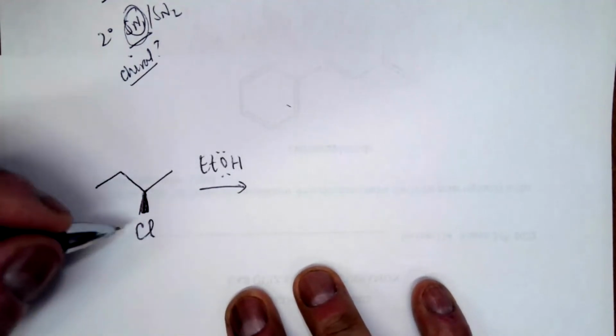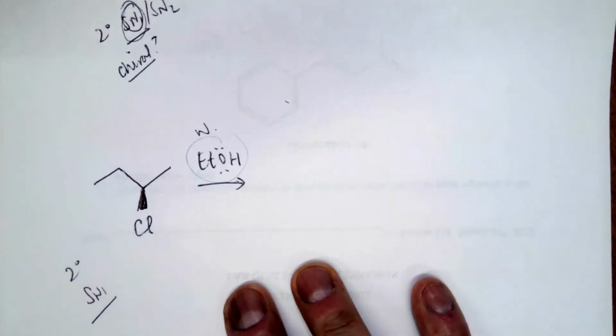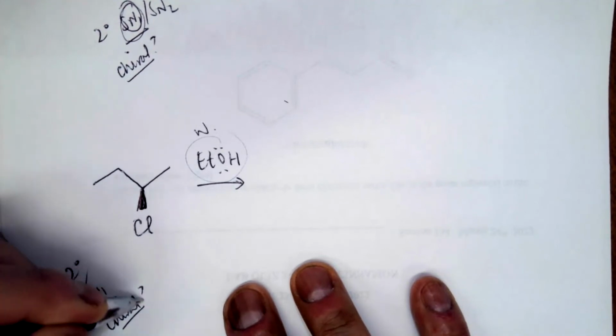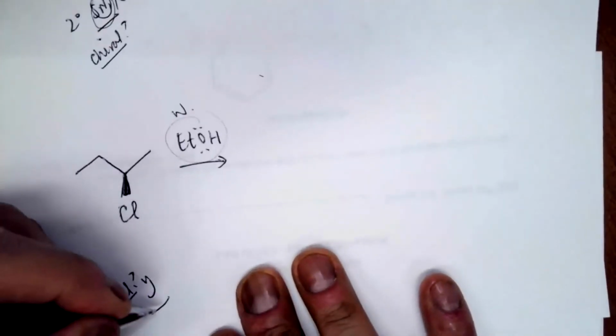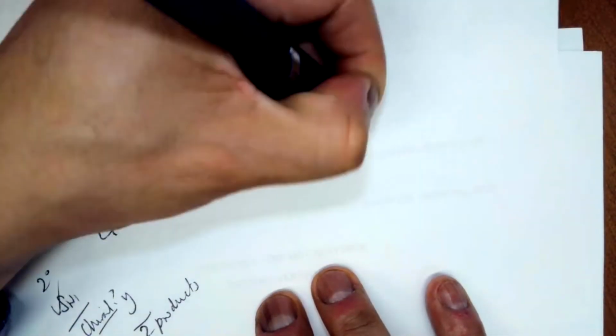Another one that we haven't used that much, chlorine. And they tell me to mix it with ethanol. Okay. Substrate, yes. Secondary substrate with a weak nucleophile. That means it's an SN1 reaction. Chiral, yes. So I produce two products, one with a wedge, one with a dash.